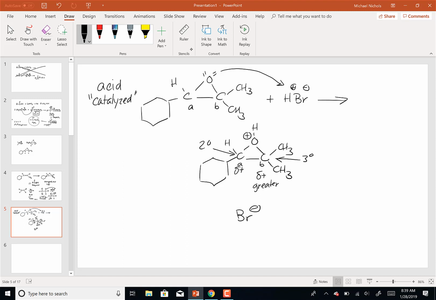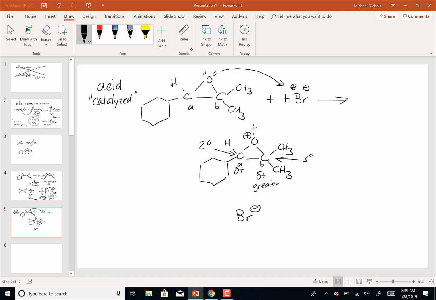Tertiary. Why? Yes. Remember, in SN1, the first step is to form the carbocation. That's the rate determining step. So the reaction rate is dependent on the stability of the carbocation.